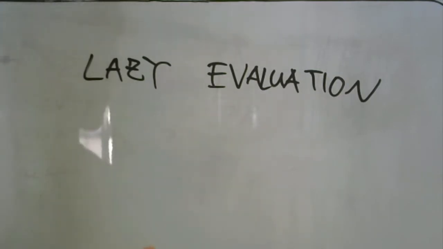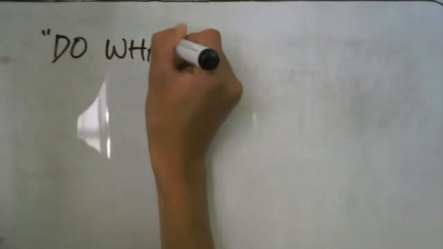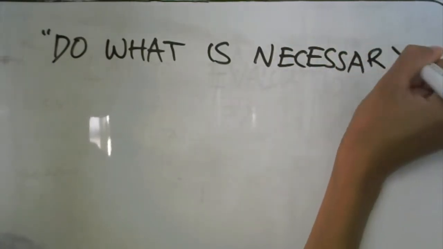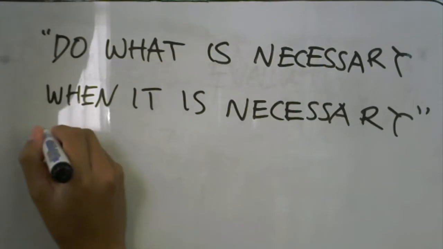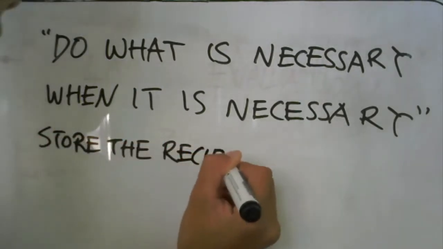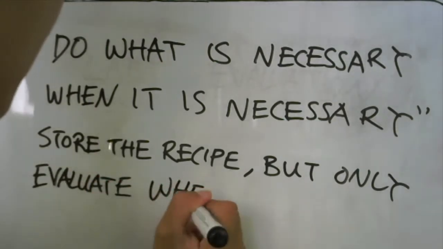Lazy evaluation, if I were to put it in a nutshell, would be a way of problem solving or a way of doing computations where we only do what is necessary when it is necessary. And we do that by storing the recipe of how to do our computation rather than the result of all of our computation.